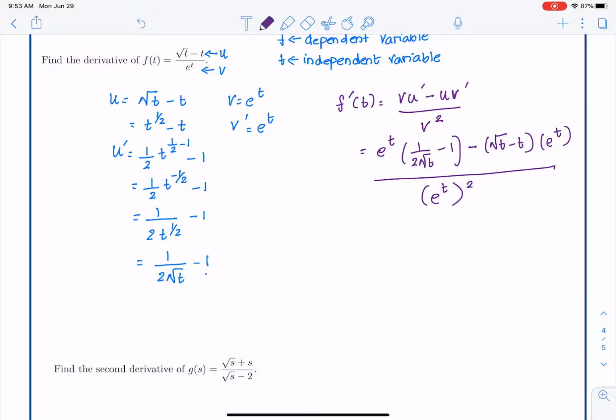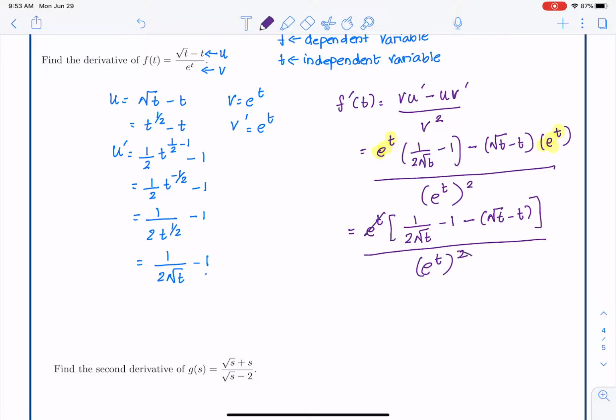We have e raised to t in common, so we could pull that out. And that would give us 1 over 2 square root of t, minus 1, minus square root of t minus t, divided by e raised to t squared.